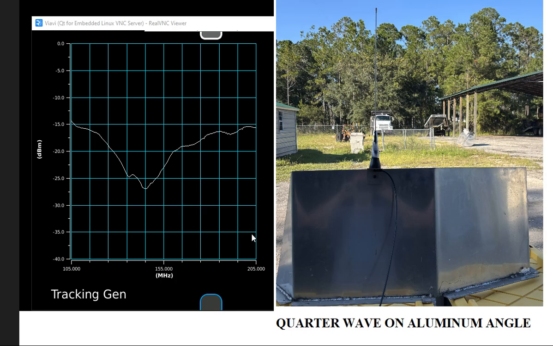Next, I wanted to show you what happens when you use an angle bracket. I have a big chunk of aluminum here, which would simulate a vehicle, and this is the effect that you get on a vehicle. It ends up making the resonant frequency shift. In this case, it moved it over by almost 10 megs, so now it's resonating at 145.